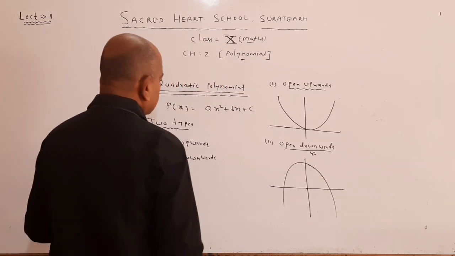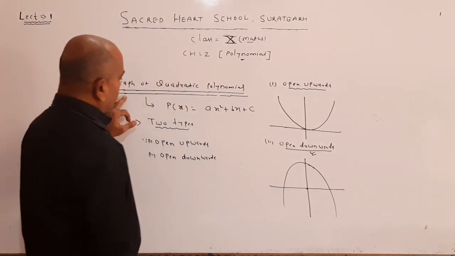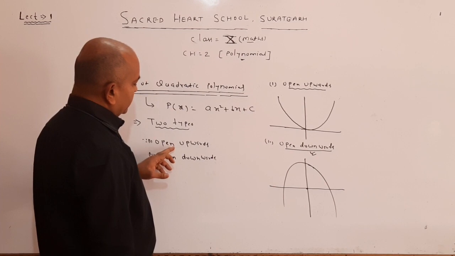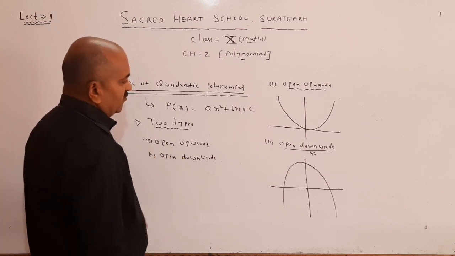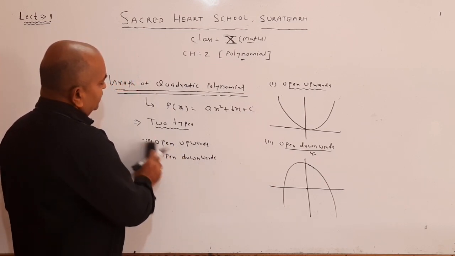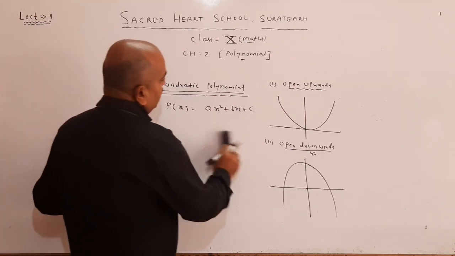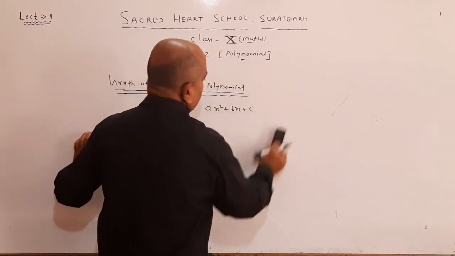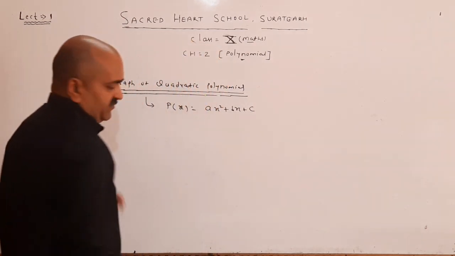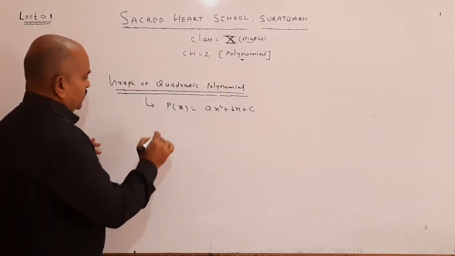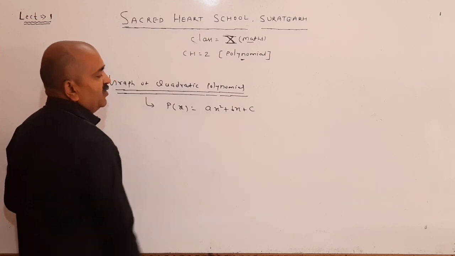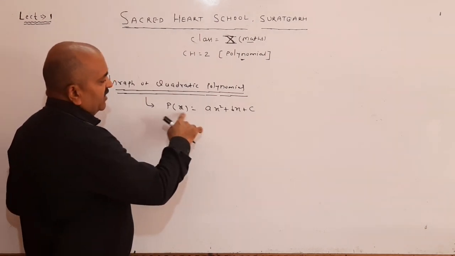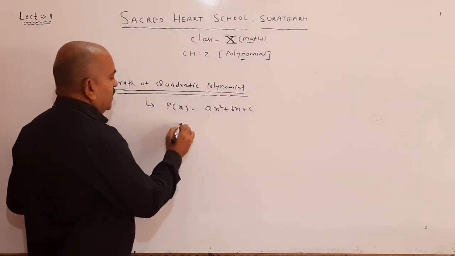Now both types of graph, open upward and open downward, are complete. But students, if we find the nature without using a graph, which type of graph is it? Suppose a quadratic polynomial is given of this type.